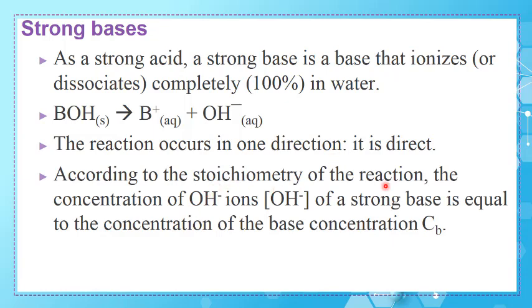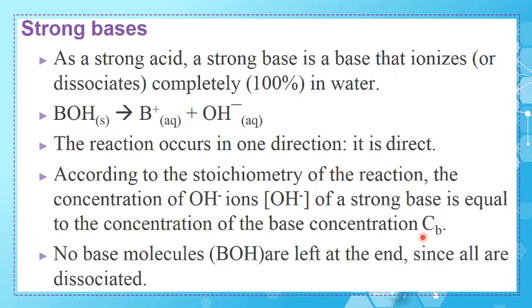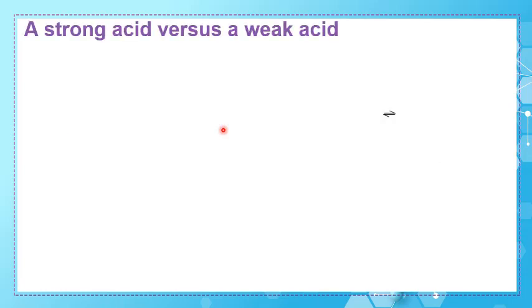According to the stoichiometry of the reaction, the concentration of the OH- hydroxide ions resulting from the dissociation of the base is equal to the initial concentration of the base, CB. B is for the base and C is the concentration. So here also no base molecules, BOH, are left at the end since all are dissociated into B+ and OH-.